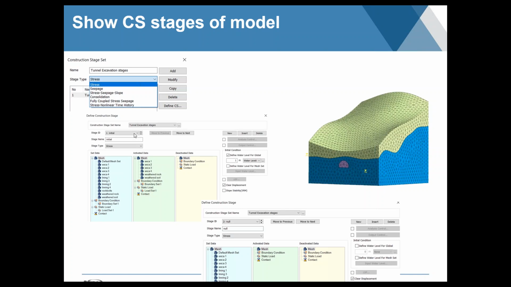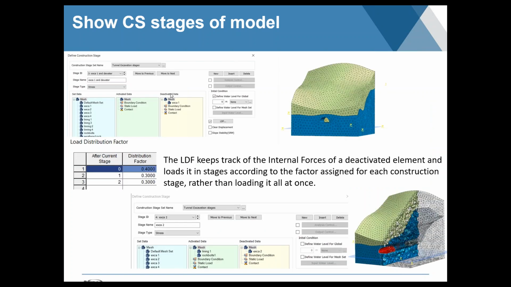The first 2 stages actually are just initializing the model. And then we'll start excavating each subsequent stage, excavating one phase, and then in the stage after that, activating the support system, as we see here in red.